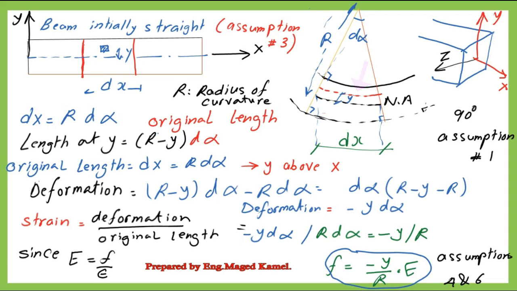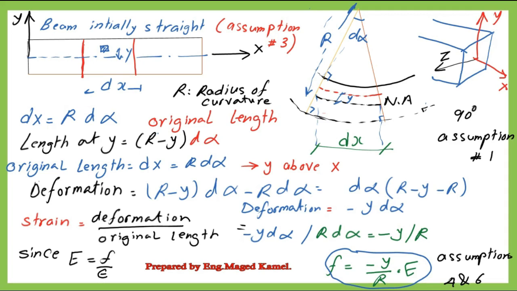So the length for this red line equals (r minus y) multiplied by d alpha, while originally the length here was dx. If we compare, at the neutral axis there is no change, so we can take dx as equal to r d alpha.